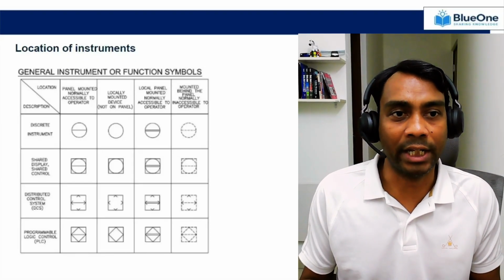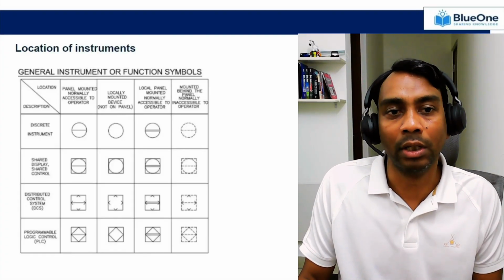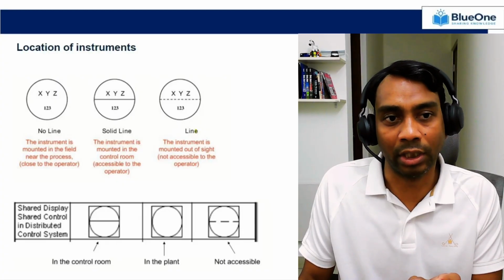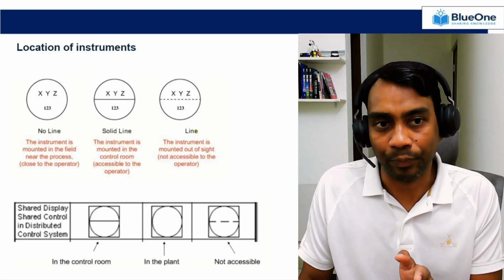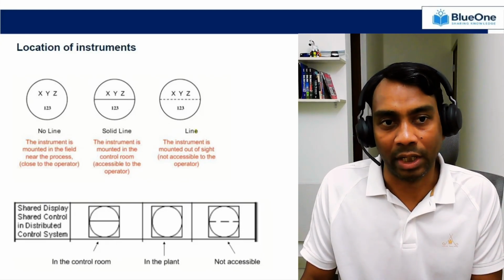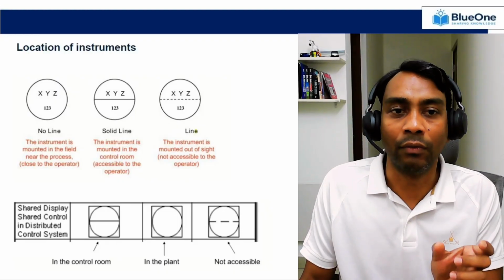Okay. Now, further if we move ahead, how to identify where this particular instrument is located. If you see any particular P&ID symbol, it will have these symbols attached to each and every instrument. There are three different categories. If you see a round without a line, it indicates that your instrument is located in the field.